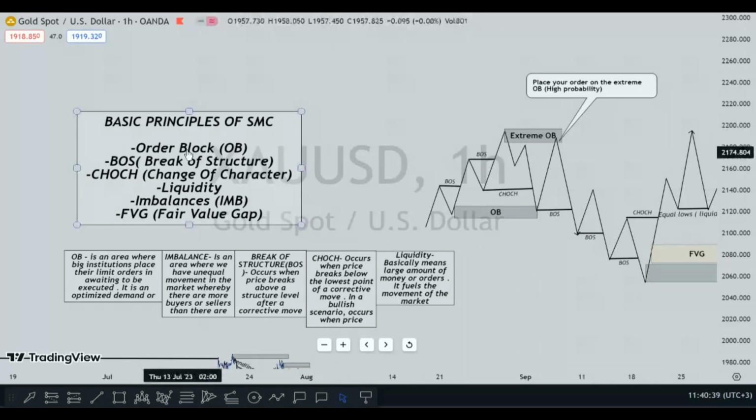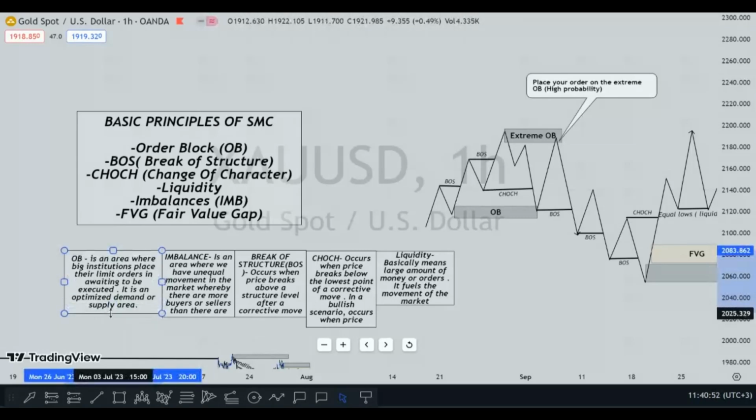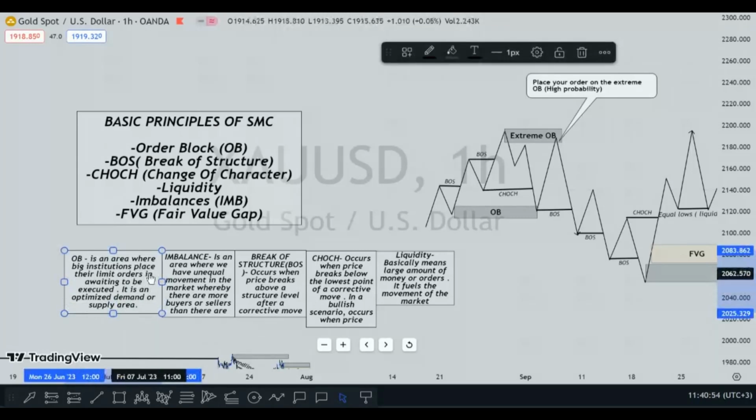So, number one, order block. An order block is an area where big institutions place their limit orders awaiting to be executed. It is an optimized demand or supply area. So, in short, an order block is just a demand or a supply area where big orders lie, the institutional ones.